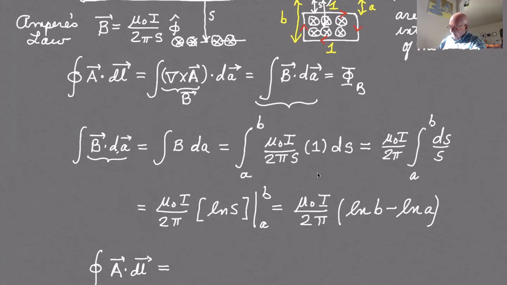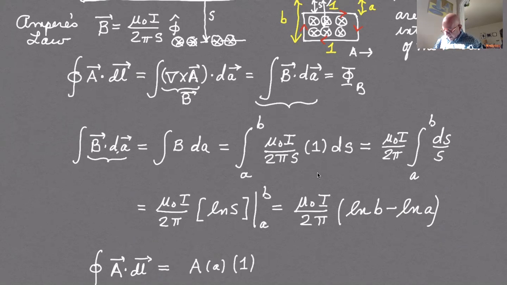And so then at the top, it's going to be the following, right? It'll be A at a distance A times dl, which is now just a unit length. Okay, so that's going to be times 1. Now down here, the vector potential is in this direction, but dl is now 180 degrees from it.